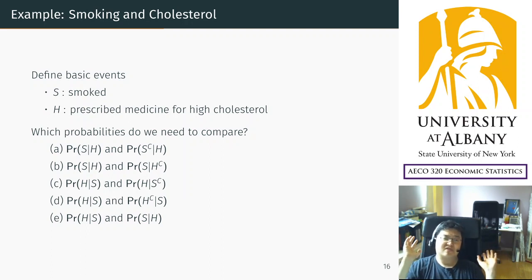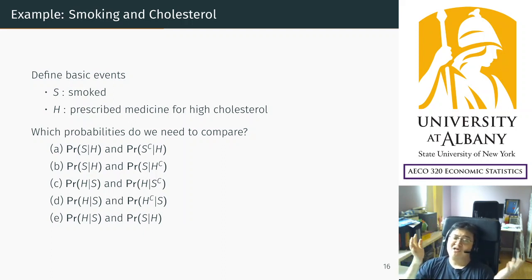The structure is pretty much the same. We are comparing smokers and never smokers and seeing if they have different cholesterol patterns. Then, using the notation, what probabilities do we have to compare?